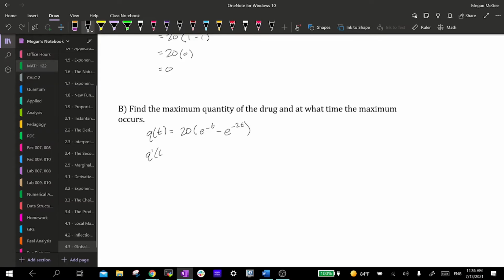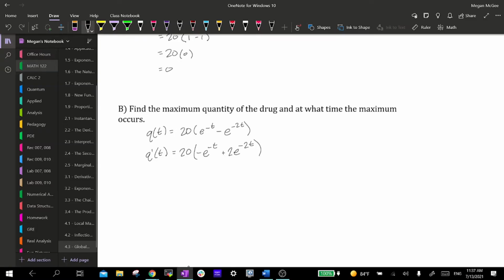So Q prime of t, I'm going to go ahead and leave the 20 out front because it's just a constant multiple, and then use exponential rules inside of here. So e to the negative t, that's going to be negative e to the negative t. And then negative e to the negative 2t, our negative 2 is going to come down, make this a positive 2e to the negative 2t.